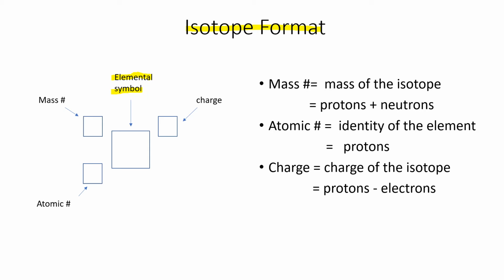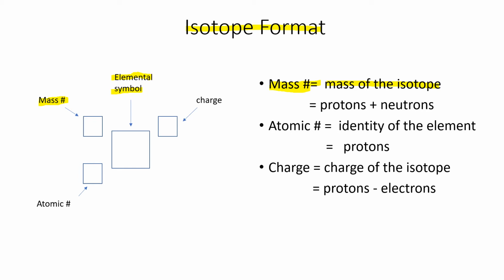In the upper left-hand corner is where the mass number is placed. Let's talk about what the mass number means. The mass number means what it's hinting at. What is the mass of the isotope? Well, we can be a little bit more specific than that.